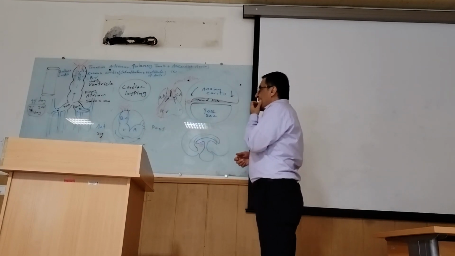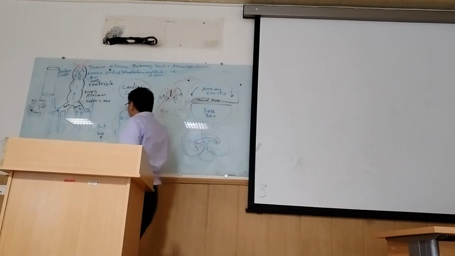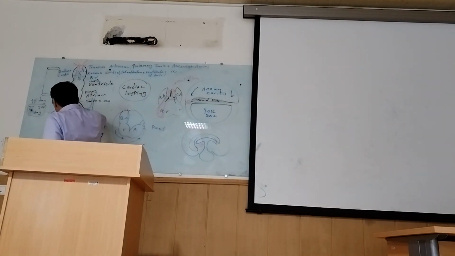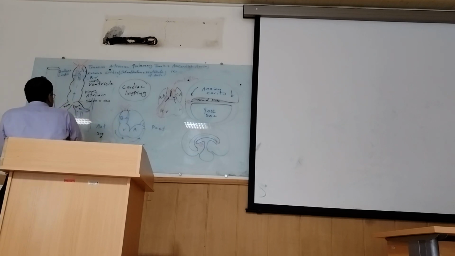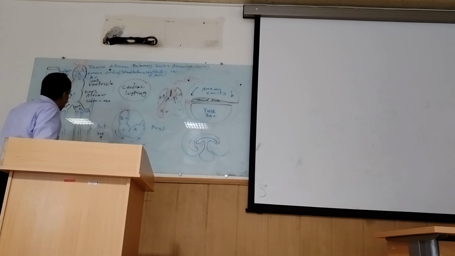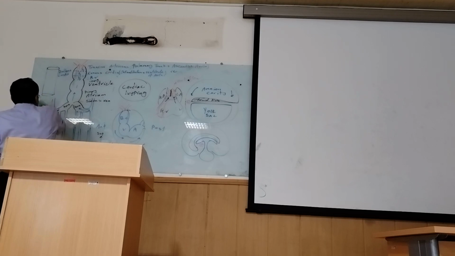Now I start the development one by one. I start from here. After a short time, some veins are obliterated normally. I show that this is a vein, and I start to give names to these veins.